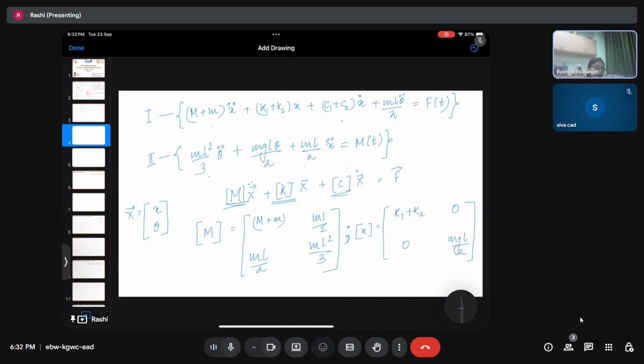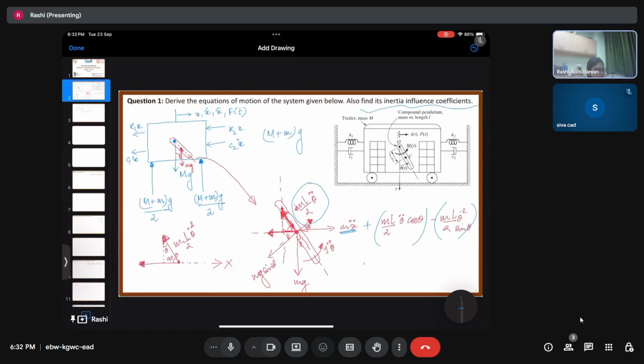So if we already have the M matrix, K matrix, and C matrix, we don't even need to find the equation of motion. We can just use the matrices and write the equation of motion. So that is what the inertia influence coefficient works with. Now, inertia influence coefficients, as the name suggests, are used to find the inertia vector.